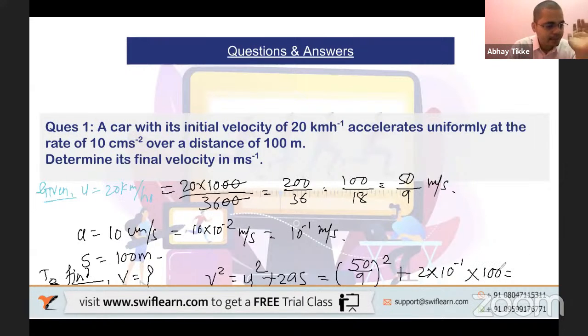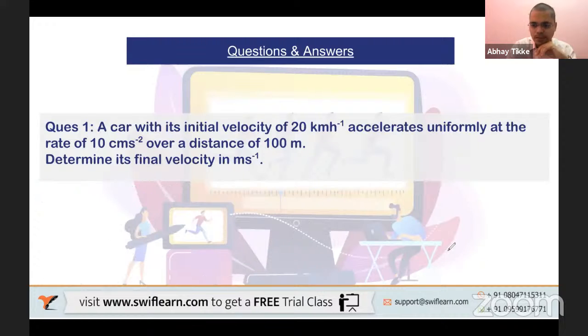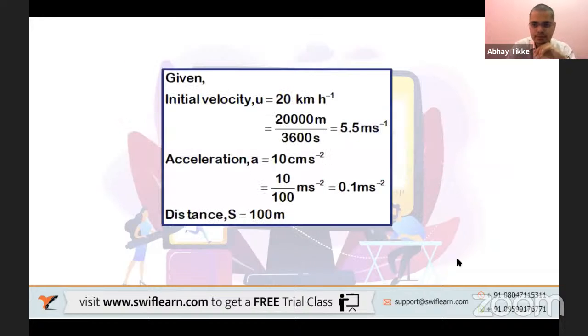Is that clear? Now calculation is pretty simple, you can do that. Let me check the answer also here. Okay. Yes, what is the answer we get? See, same equation. First you have to convert all the things in meter per second, na?